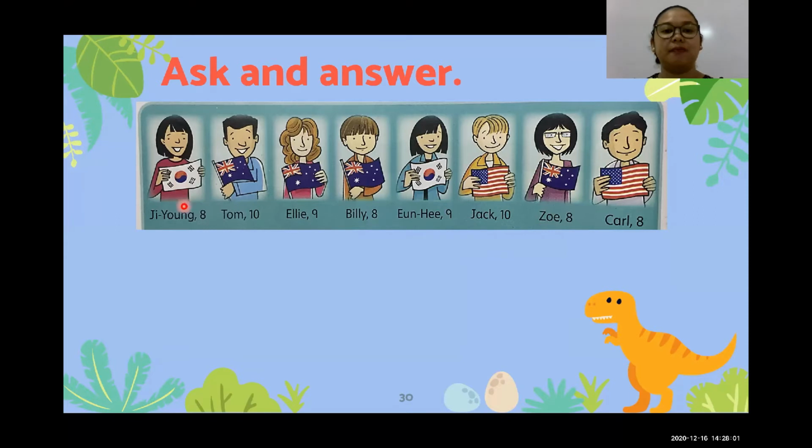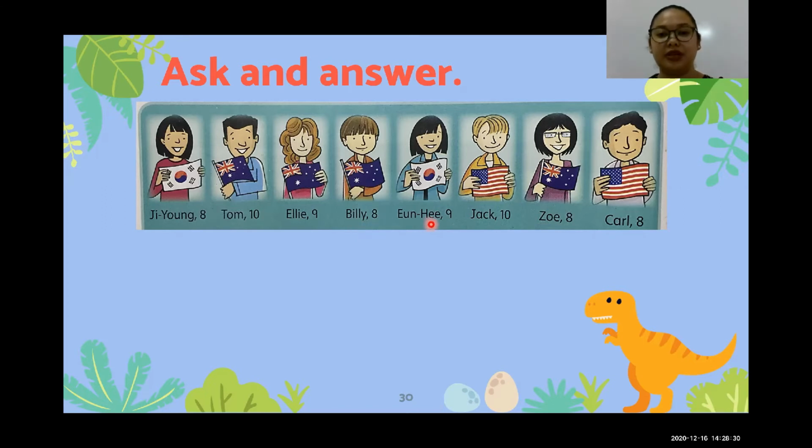This is Ji Young. She's 8 and she's from South Korea. This is Tom. He's 10 and he's from Australia. This is Ellie. She's 9. She's from Australia. This is Billy. He's 8. He's from Australia.